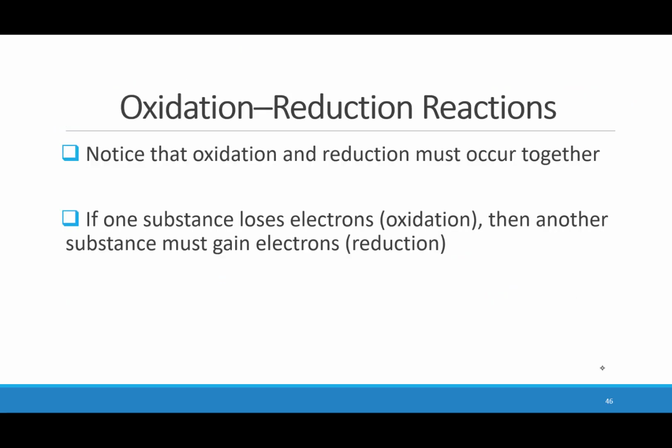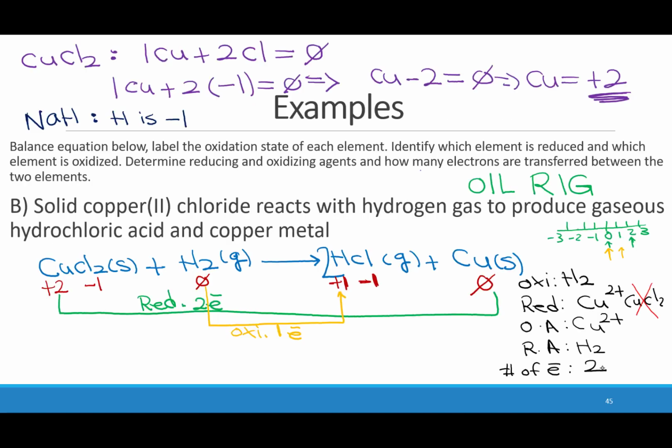As you could see in the previous examples, oxidation and reduction happen at the same time. That means here, copper gained 2 electrons. Hydrogen gas lost the electron. Then copper got reduced, hydrogen gas became oxidized.